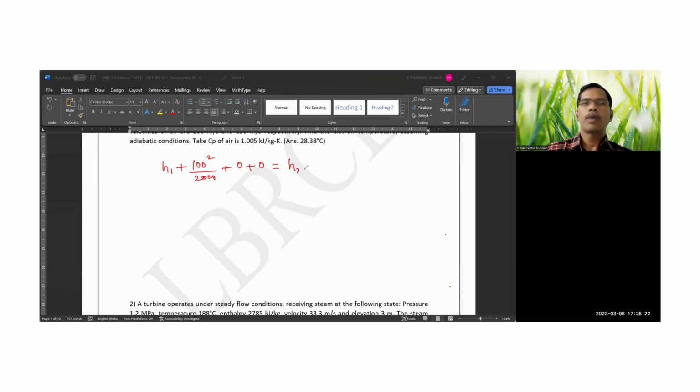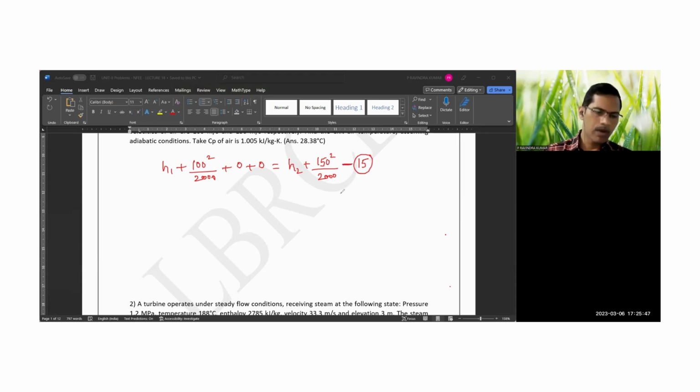Then the outlet part is h2 plus 150 square divided by 2000, minus 15, because the work input is required. That's why it is a minus sign.